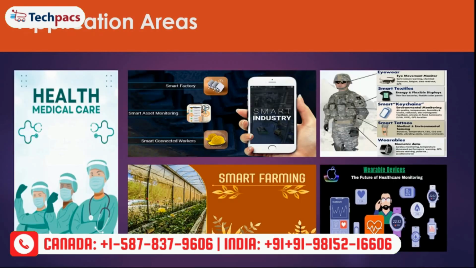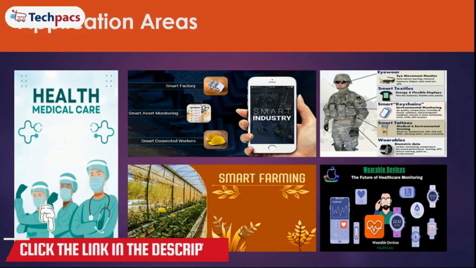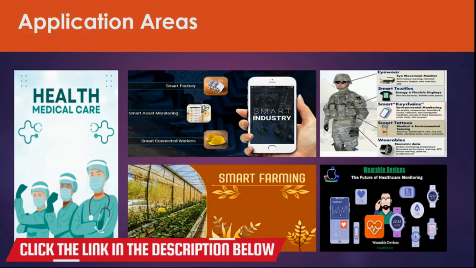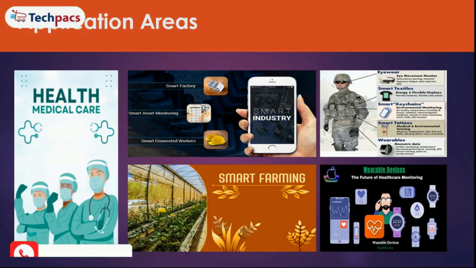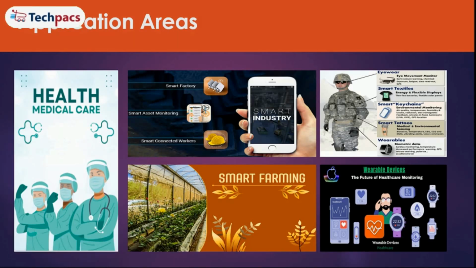As the work is related to sensor networks, it can be implemented in areas like medical healthcare, where surveillance of patients can be done from remote locations; smart industries, where human involvement is reduced by monitoring and controlling systems through sensors; the agriculture domain, which can be termed smart farming; and defense related applications.